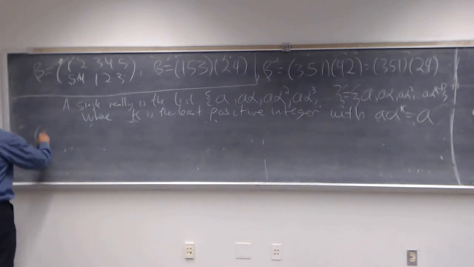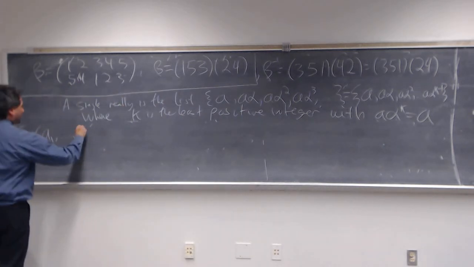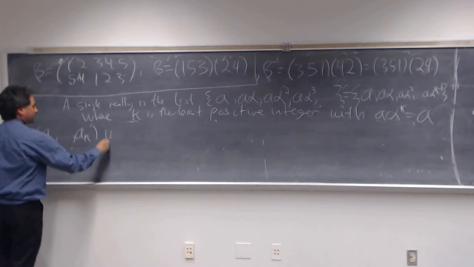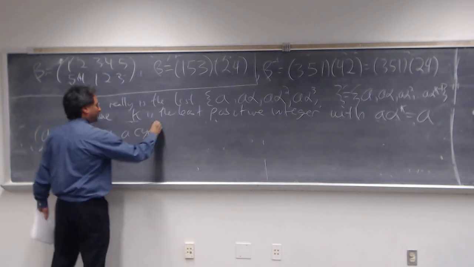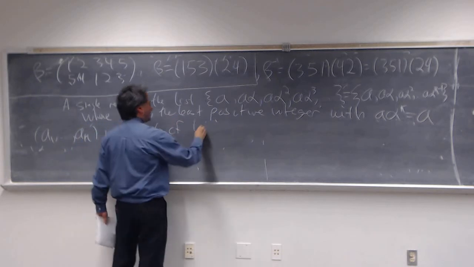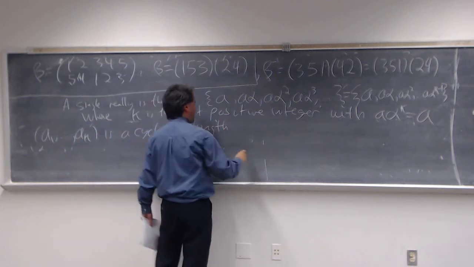Okay, and if we write it as 1, ..., n is a cycle of length n.